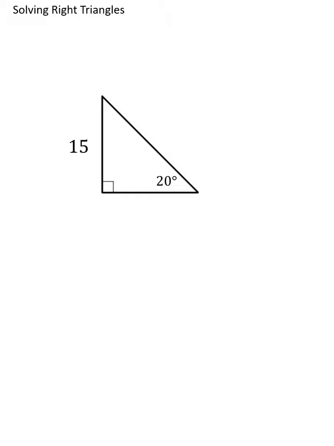And if so, is there more than one right triangle that matches this description? Well, generally speaking, in a mathematics course, when you're asked to solve a right triangle, the assumption is that there's only one right triangle that has a 20-degree angle and a 15 side length as shown, and we're therefore supposed to uniquely identify all of the remaining sides and angles.